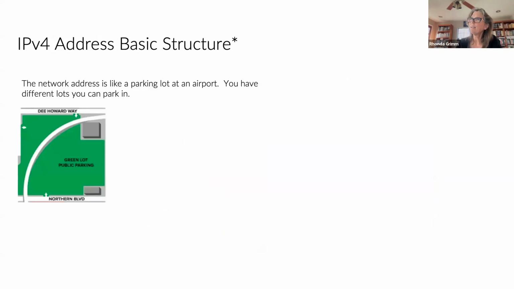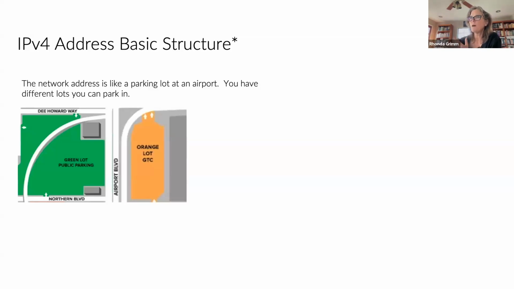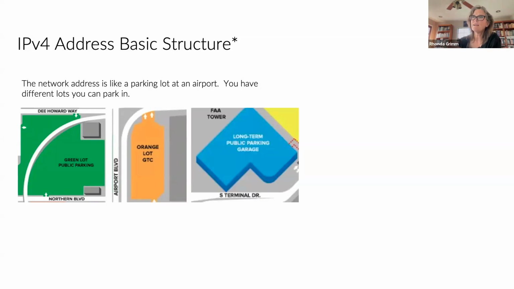It's a lot like when you park at the airport, you have to remember to take a picture of your parking space. You can have different parking lots that you can park on. Maybe I'm going to park in the green lot or the orange lot or long-term parking. Let's say in the analogy, the network address for the green lot is 192.168.2.